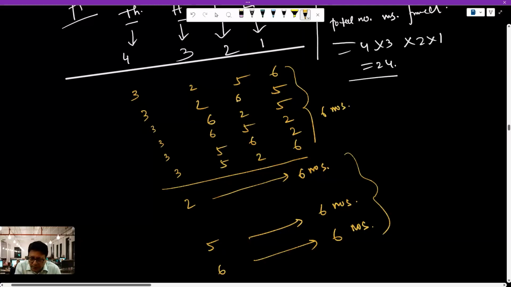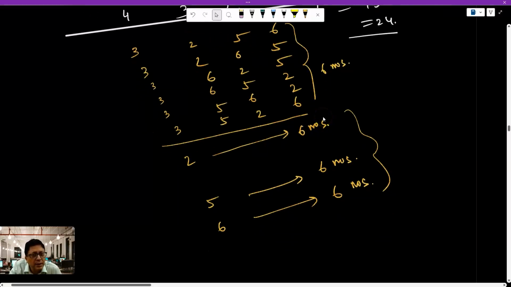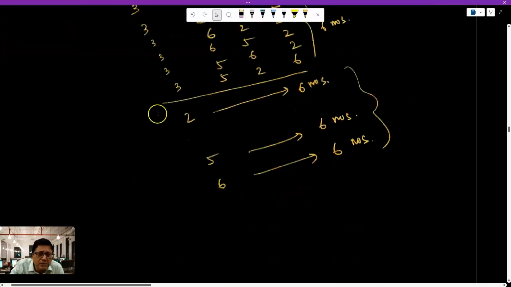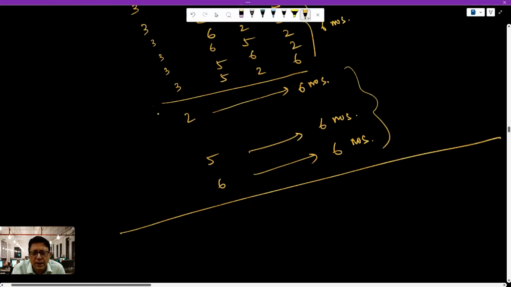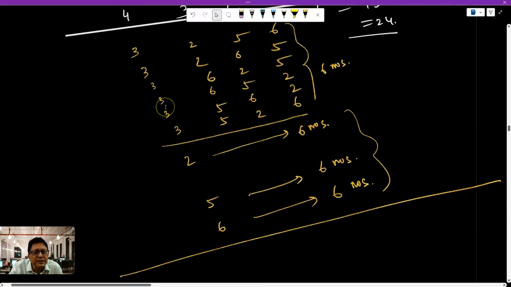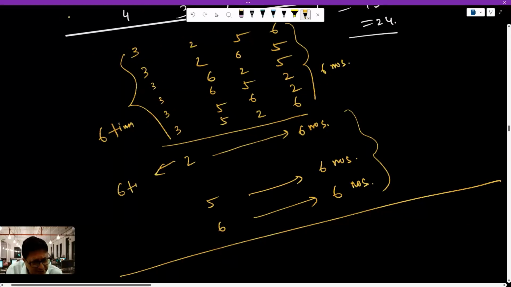When you are going to find the sum of these 24 numbers, at the 1000 place we have seen 3 occurring how many times? 6 times. 2 occurring how many times? 6 times. 5, 6 times. 6 is also 6 times.